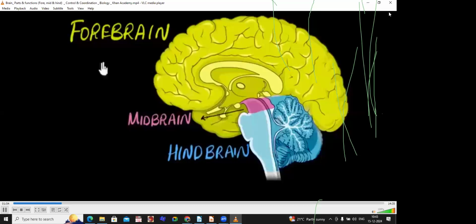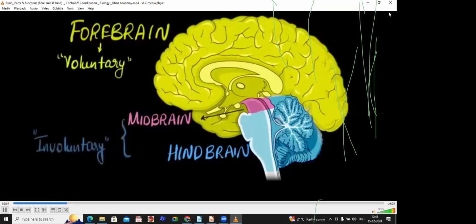Okay, so what are the functions of them? Before we get into the details, to get a broad sense of what these parts do, we can think that the forebrain is responsible for all the voluntary functions, and the midbrain and the hindbrain together are responsible for all the involuntary functions. When I say voluntary, think about all the actions that you carry out consciously by thinking about them, like take a walk, or talk to someone, or decide to watch this video about brains.